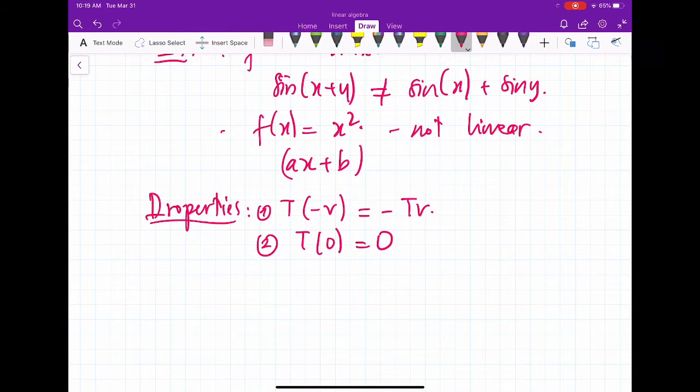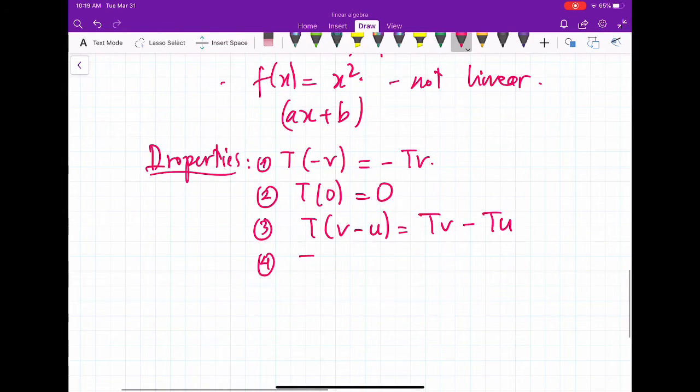This is obvious because T is linear. The next one, you have T of v minus u, that is Tv minus Tu. Okay? And the last one, T of the sum of lambda i vi, that is just the sum of lambda i T vi.